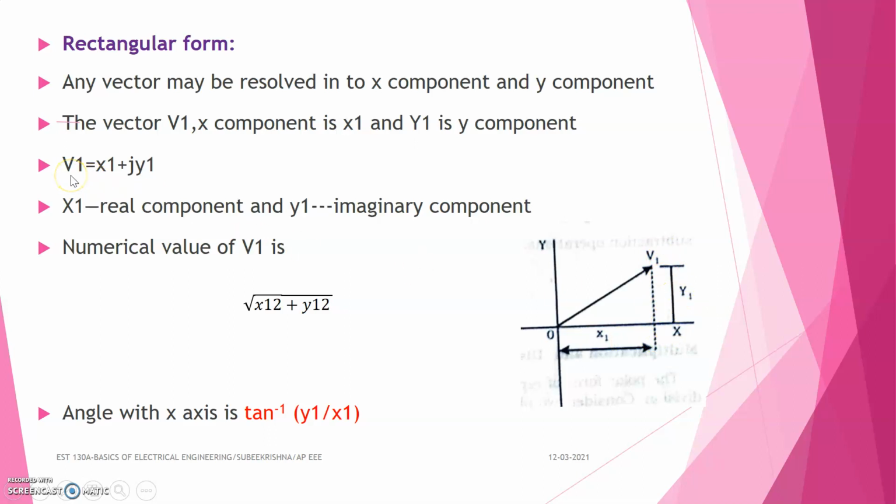So the value of vector v1 is equal to x1 plus j y1, where x1 is the real component and y1 is the imaginary component. The numerical value of this vector v1 is the square root of x1 square plus y1 square. The angle it makes with the x-axis is found by tan inverse of y1 divided by x1.